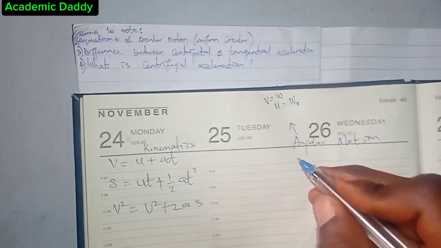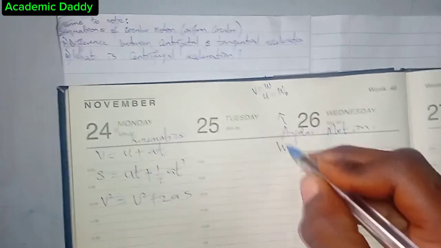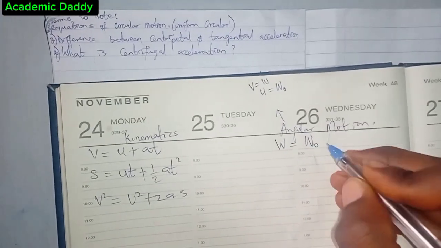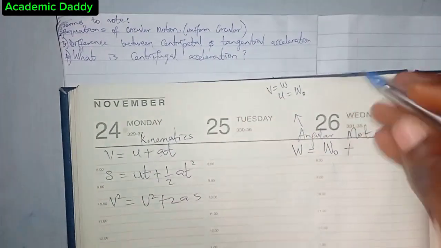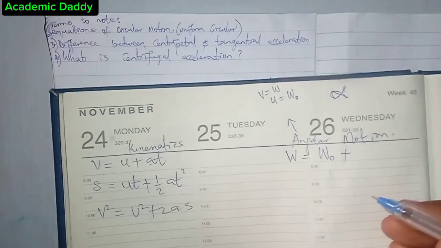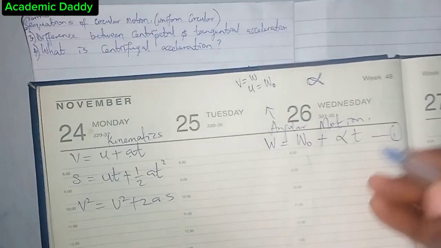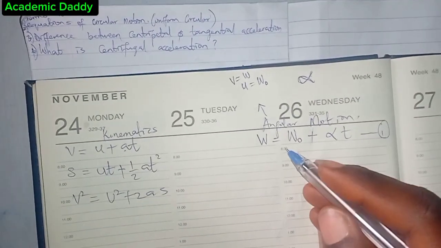So if I know this, all I just need to do is to replace this in this equation. Where I see v, I put w equals w0 plus what you call a, acceleration, in angular motion is represented as alpha. So alpha t, that becomes equation 1, the first equation of circular motion.